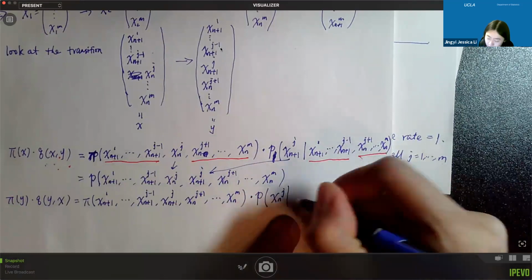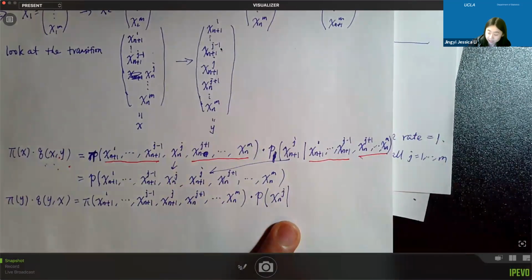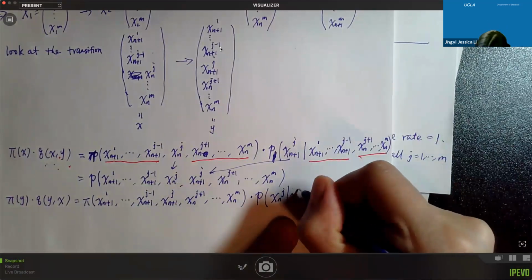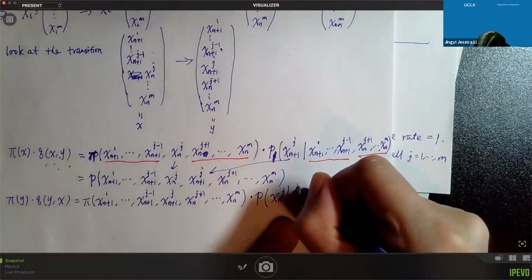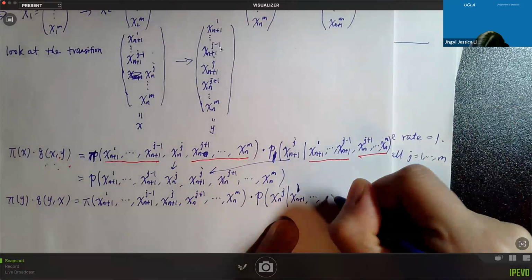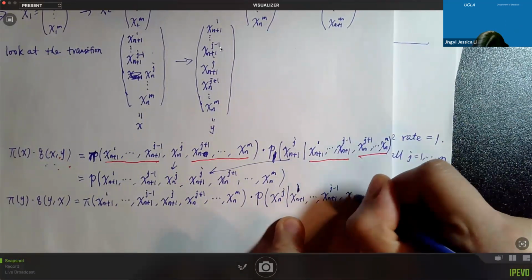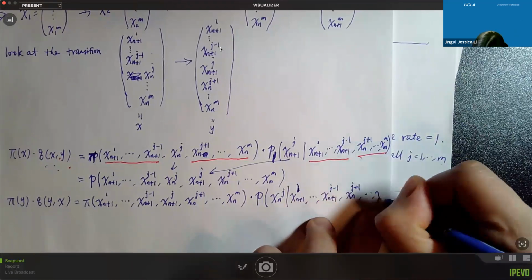And the conditional values are still the remaining dimensions, and they stay the same: x_{n+1,1} to x_{n+1,j-1}, and x_{n,j+1} to x_{n,m}.